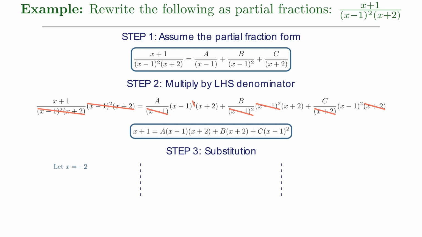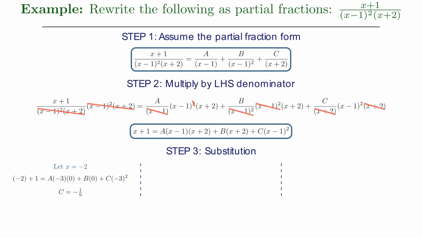Substituting x equals -2, we get -2 + 1 equals A times -3 times 0 plus B times 0 plus C times (-3) squared. We divide by the 9 and we get that C is equal to -1/9. So next I want to make the (x - 1) equal to 0.